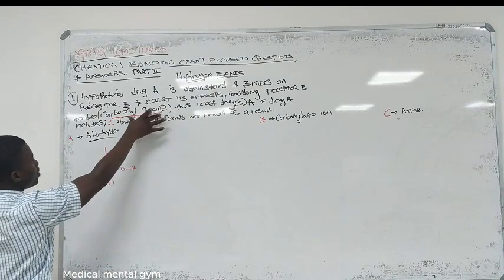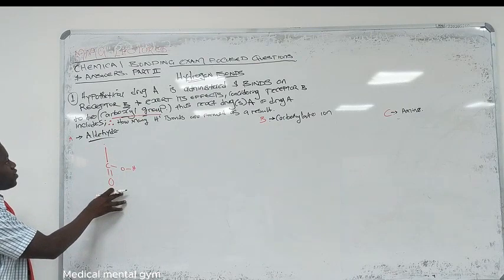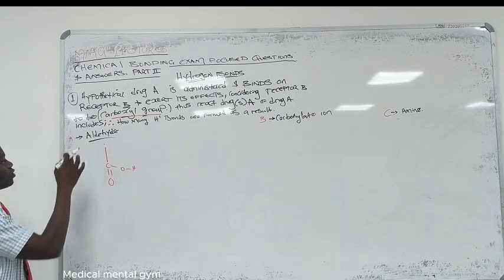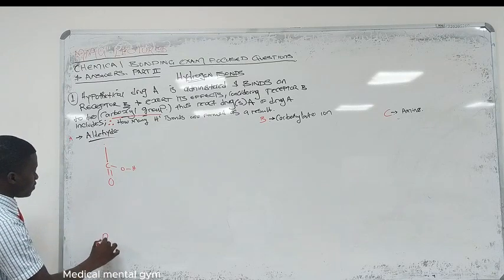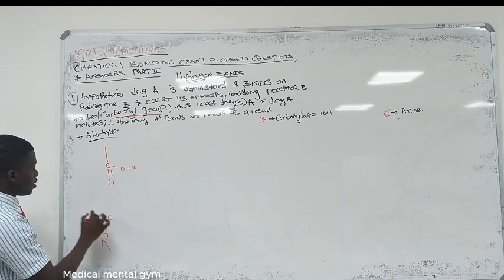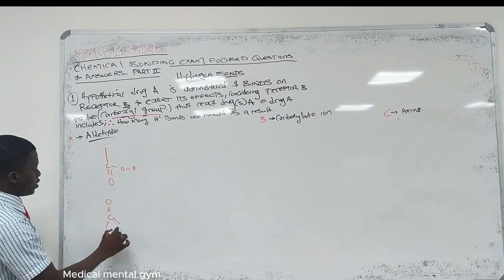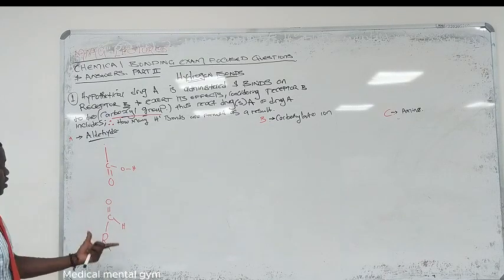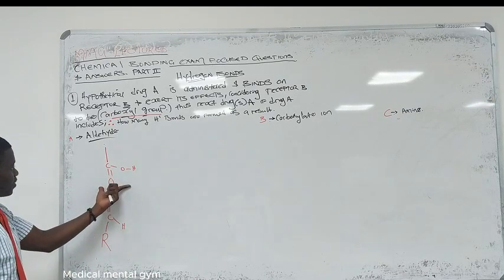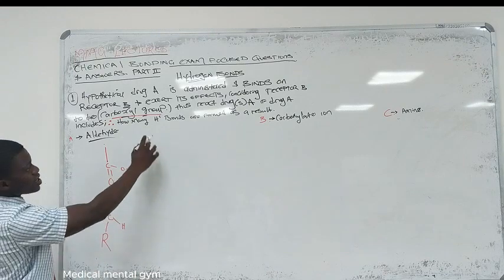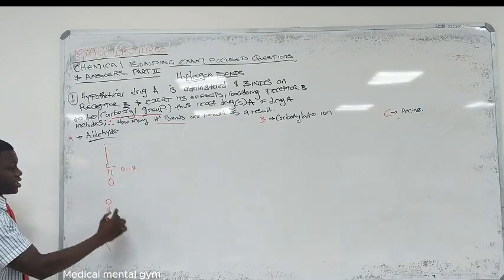So from the question, we've been given that our receptor functional group is a carboxyl, and then we're reacting it with an aldehyde. So an aldehyde will present in this manner. So this aldehyde group then interacts with this receptor. The question is, how many hydrogen bonds are formed as a result of this interaction?